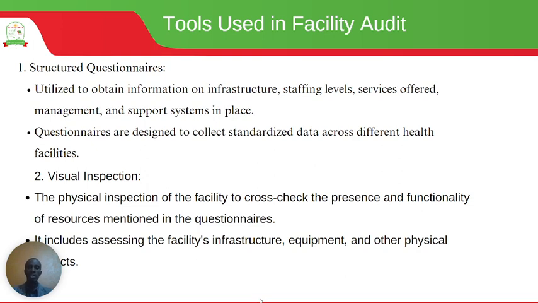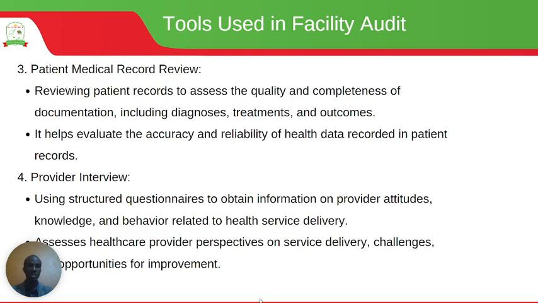So from the questionnaires, they might tell you some services like the adolescent clinic, the hypertension clinic, the laboratories. So now in the visual inspection, you want to cross-check, are these services that were mentioned in the questionnaires available? And if they are available, are they functioning? So it includes assessing the facilities' infrastructure, the equipment, and other physical aspects.